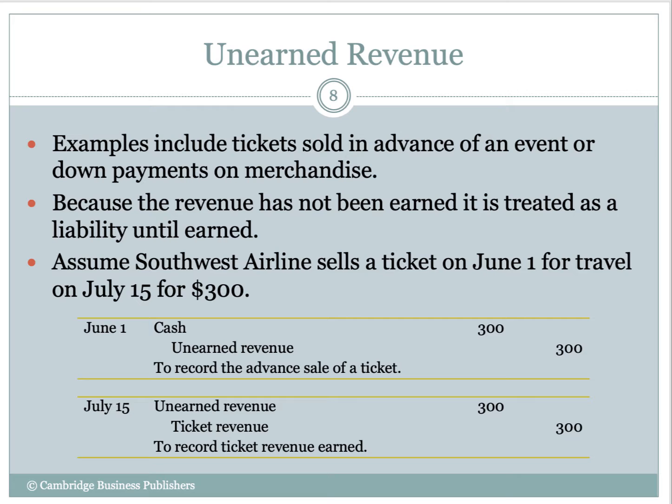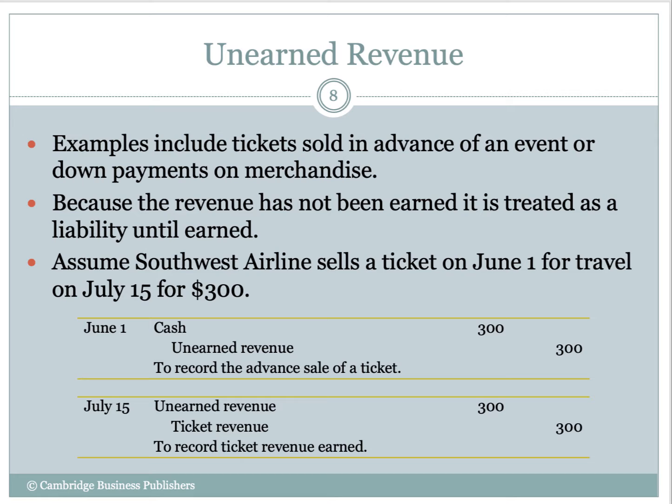Remember, because of the revenue recognition principle, revenues are not earned until they have been earned. How do we know when it's earned? Well, either the product is delivered or the service is complete, okay? So if we get payment for revenue that we have not earned, that's a liability to us. That's unearned revenue, right?